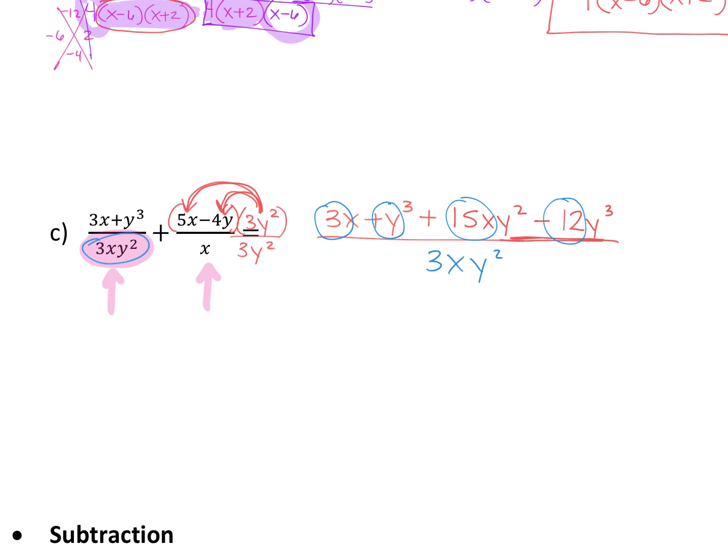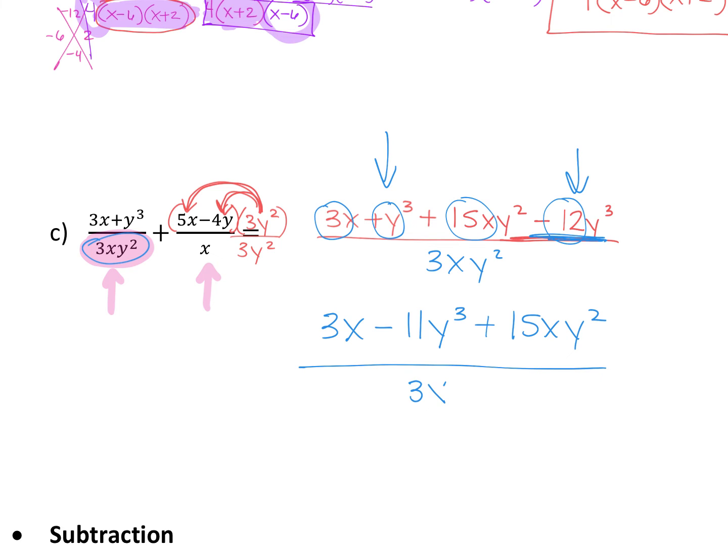There is something you can simplify still, though. Y cubed, yes. You can subtract those two together, y to the third power minus 12y to the third power. So you have 3x, a negative 11y to the third, and a positive 15xy squared, over 3xy squared.